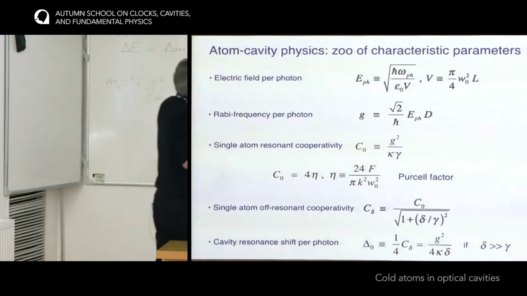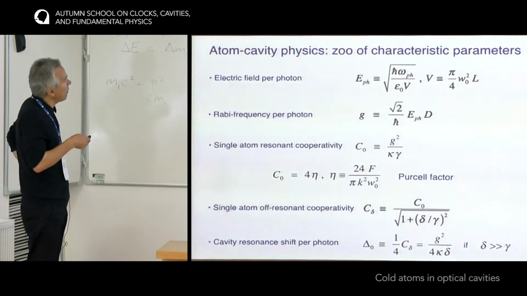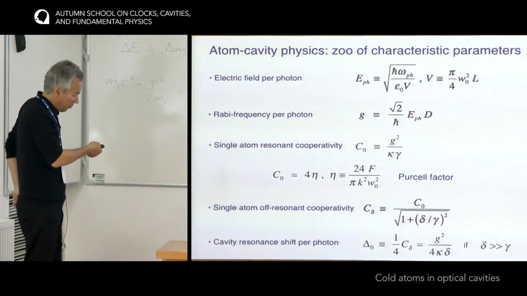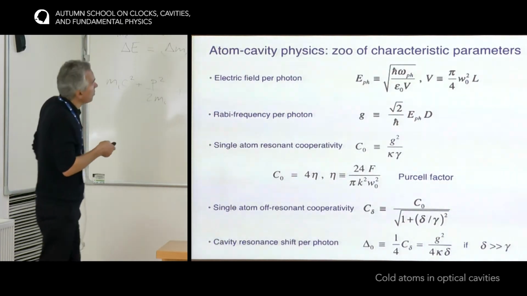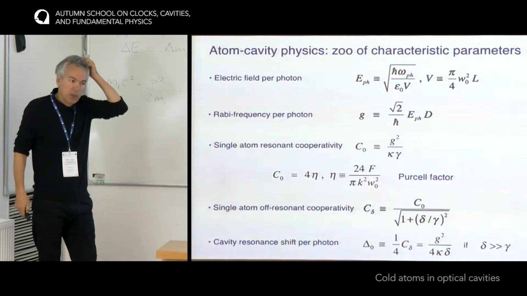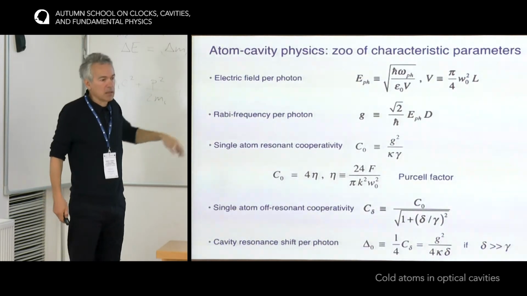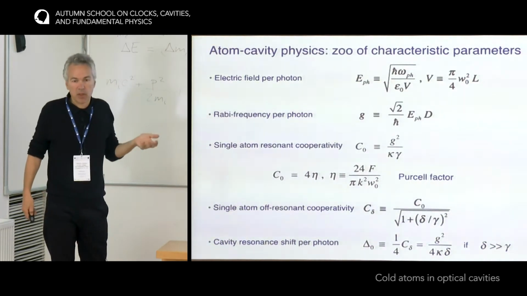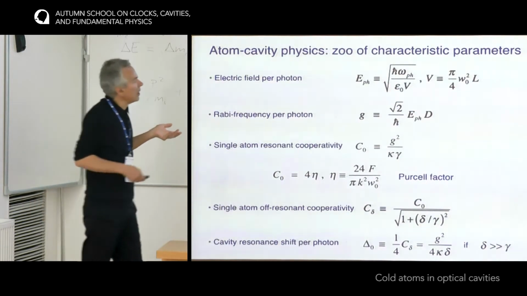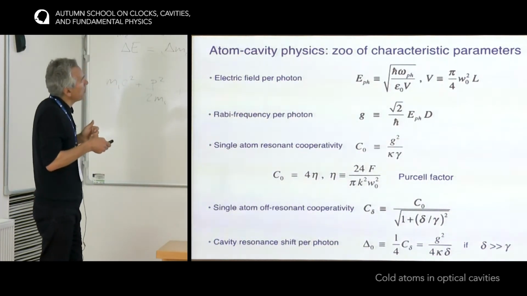So, yeah, there are characteristic parameters that you run into if you work with cavities, and I think most of what I'm saying here is pointing at things that Helmut has been talking about in more detail. Well, one important quantity is the electric field per photon.